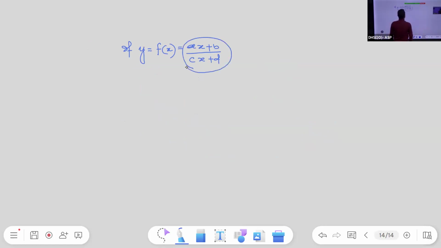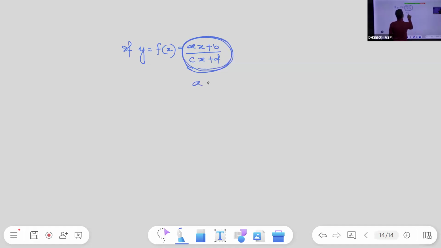If y is equal to f of x is equal to ax plus b upon cx plus d, now analyze what is the range. The range is the set of functional values of a function. This function can give you any real value except a upon c.